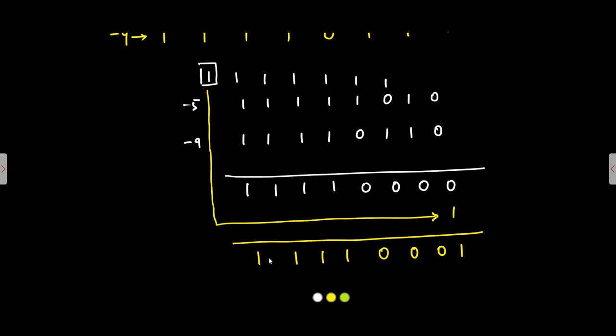Okay, now this is the 1's complement binary representation. Now we have to convert it into decimal form. So here minus 5 plus minus 9 is equal to minus 14 in decimal form. So let's see if it is correct or not.